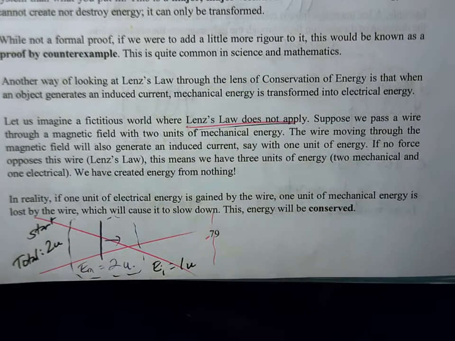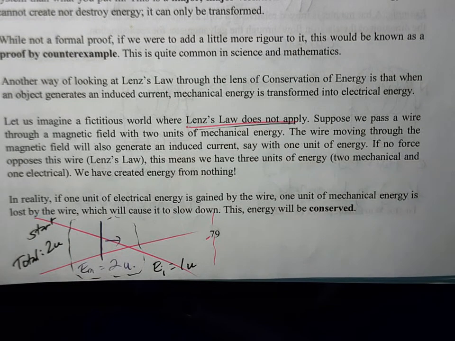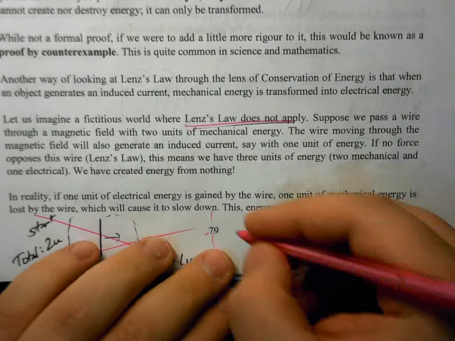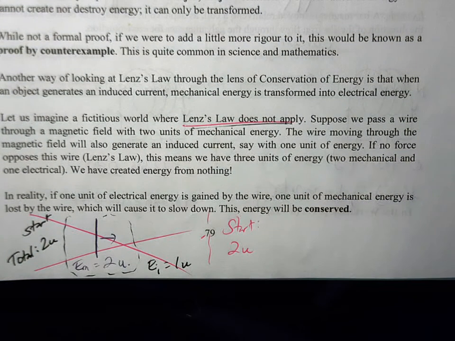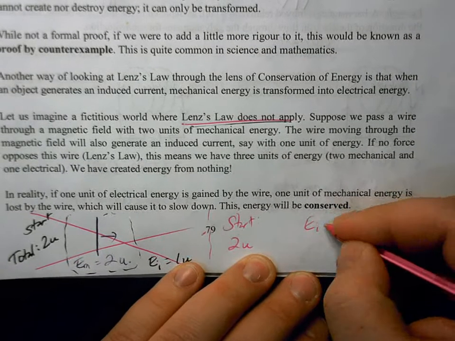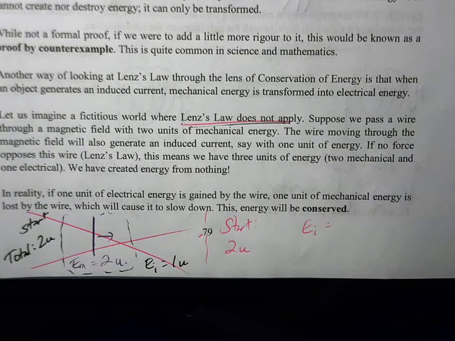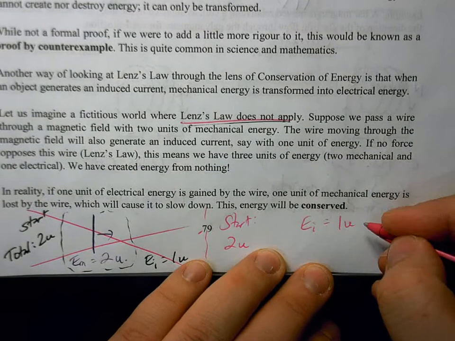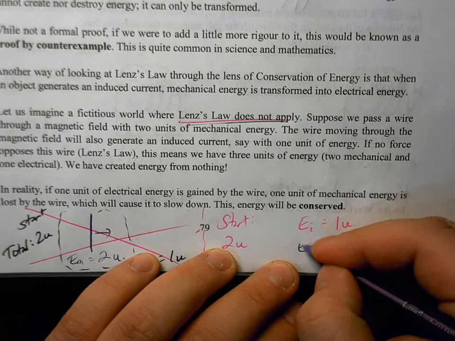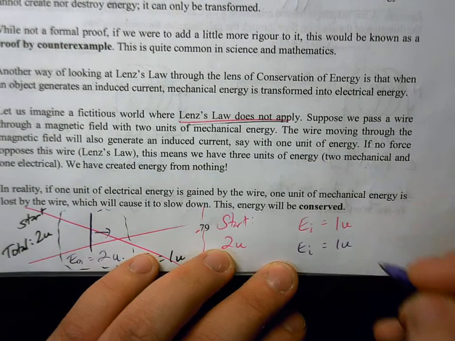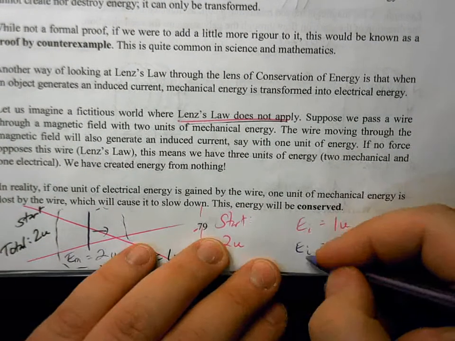What would realistically happen? Let's say we push this wire through the magnetic field. We're going to start with 2 units of mechanical energy or 2 units of total energy. What's likely going to happen is that some energy is going to be induced to that current. We're going to say it induces 1 unit of energy, which means that the total mechanical energy available to push that bar, in order to conserve energy, is only going to have 1 unit of mechanical energy left.